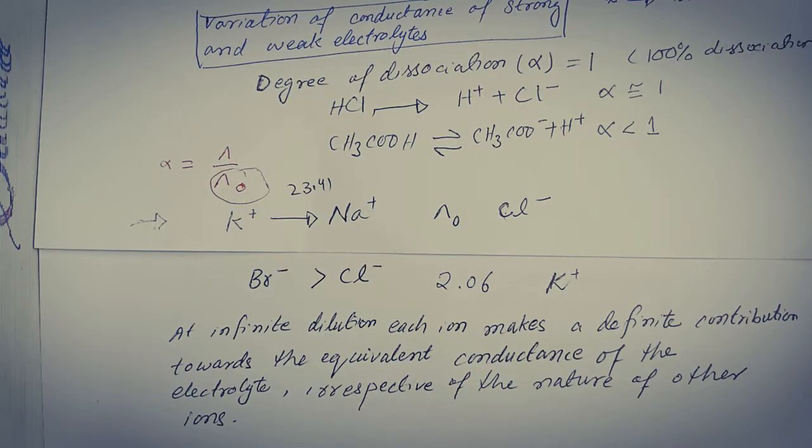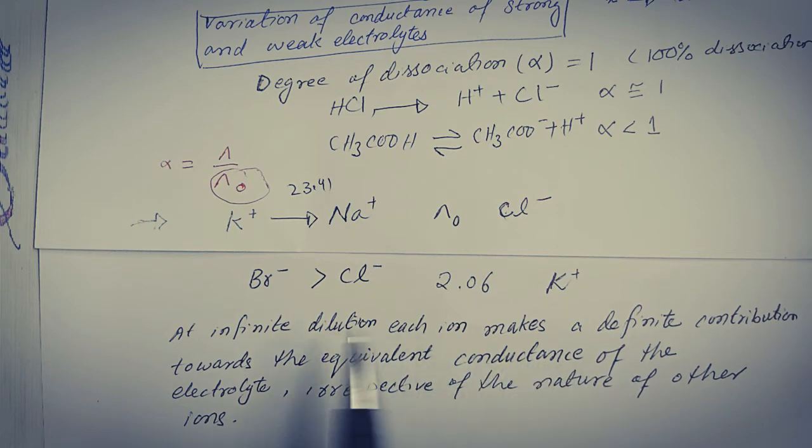So Kohlrausch gave the following law: at infinite dilution each ion makes a definite contribution towards the equivalent conductance of the electrolyte, irrespective of the nature of other ions.